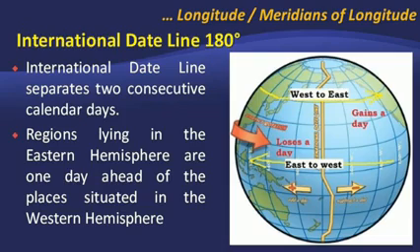Cross to the west and it's one day later, cross back and you have gone back in time. Means moving from west to east loses a day and moving from east to west gains a day.